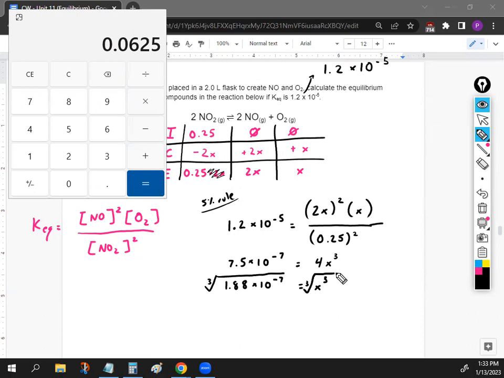If you don't have the cubed root on your calculator, you can raise both sides to the power of 1/3. That works as well. If you find the cubed root on this side, you'll get x, and on the other side, x is going to equal 0.0057.